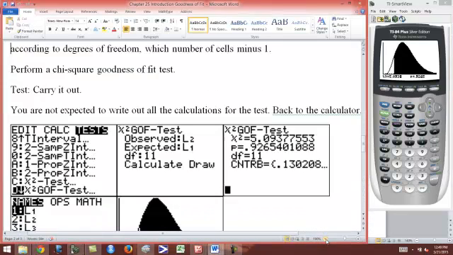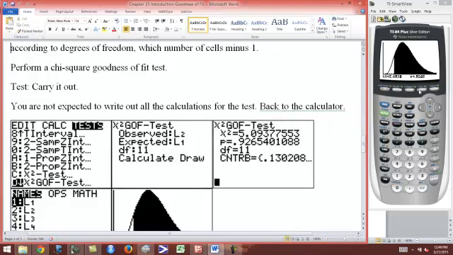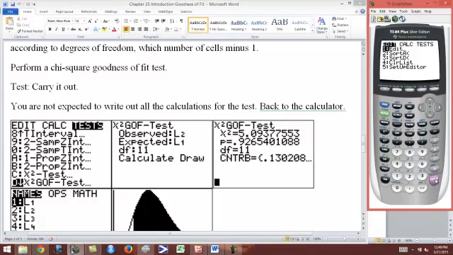The first thing you're going to do is put in the expected amounts. You can either put them in L2 or in L1. The calculator actually expects your actual amounts to be in L1 and the expected amounts to be in L2. I had them switched, but you can do it either way.